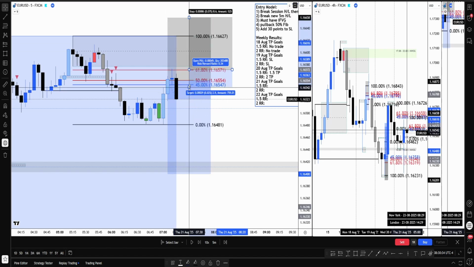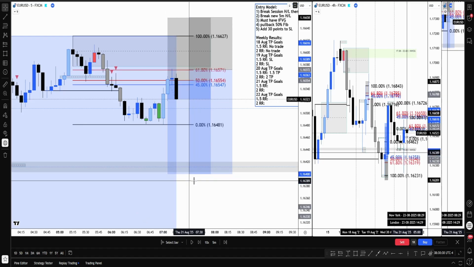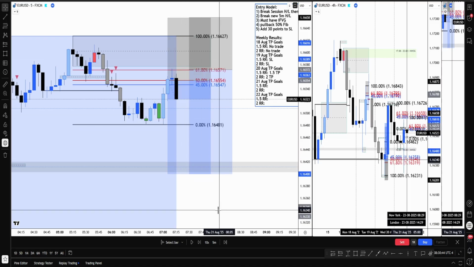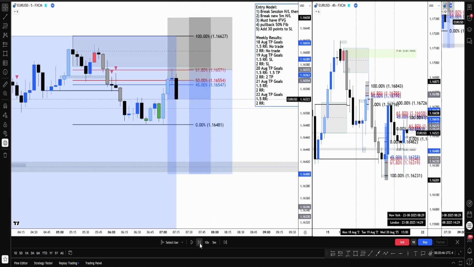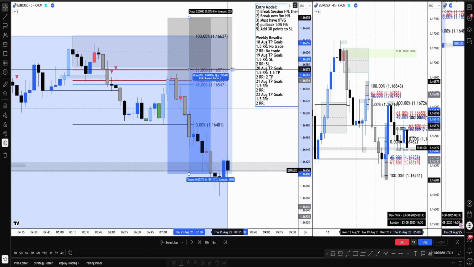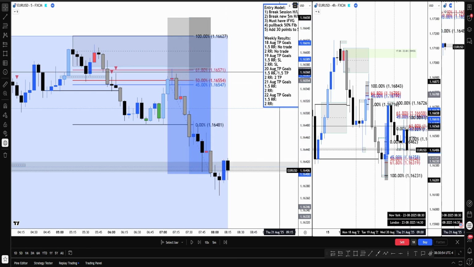I extended my stop loss and I took the take profit at the same level. It was genuinely at the same level as the 1.5 risk to reward trade. So I let it go and I've hit TP. That was a beautiful trade, and we took that.